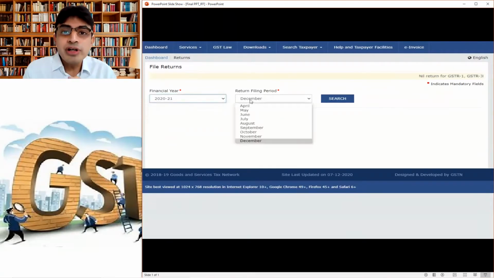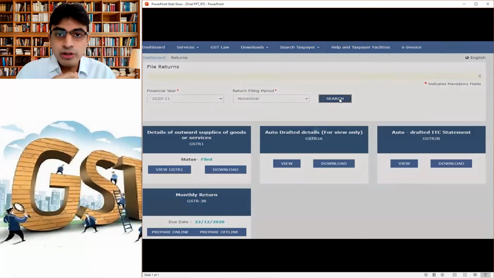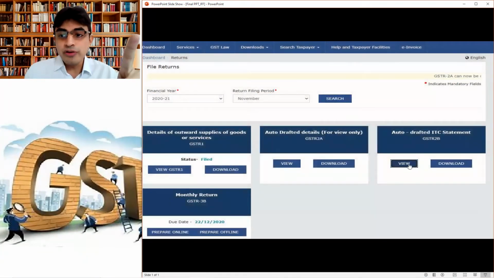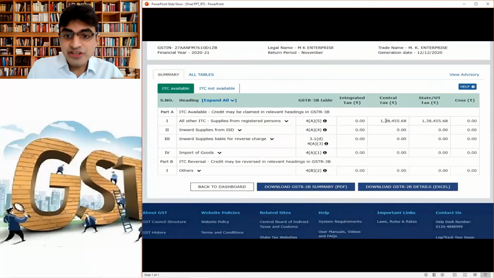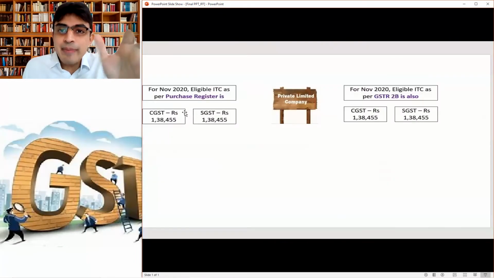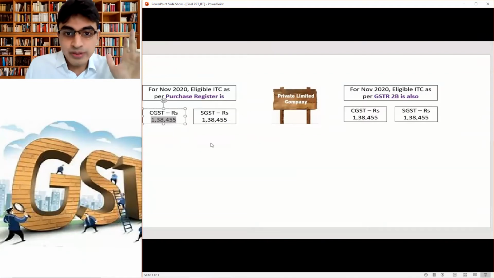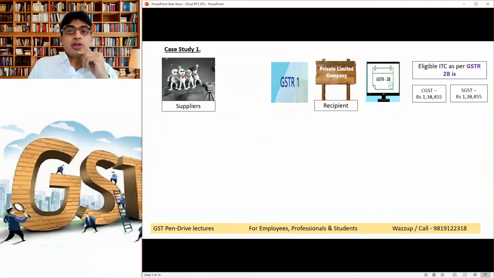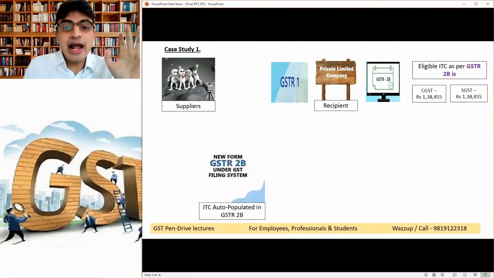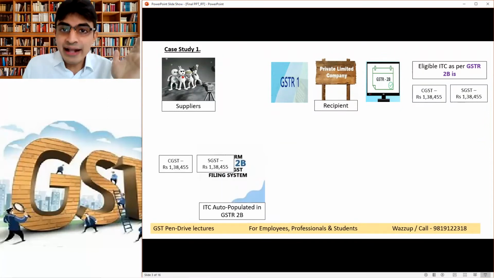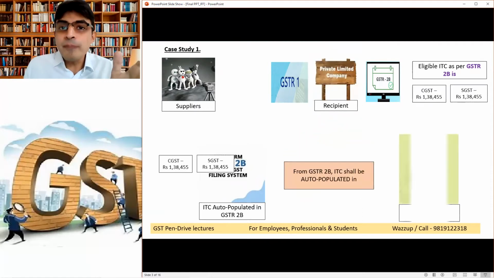So what will the company do? It will open its GST portal, open the November 2020 GSTR2B and verify. See this matching. Whatever the suppliers uploaded, it is correctly matching in their GSTR2B. Verified.